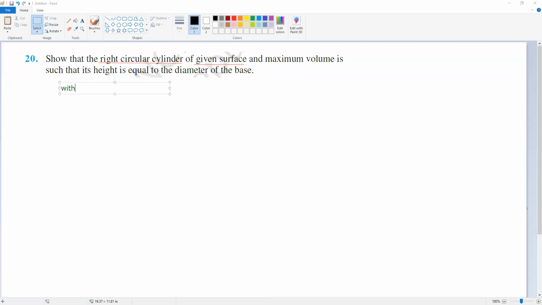With given surface area, given surface area means constant, fixed. Surface area is fixed.